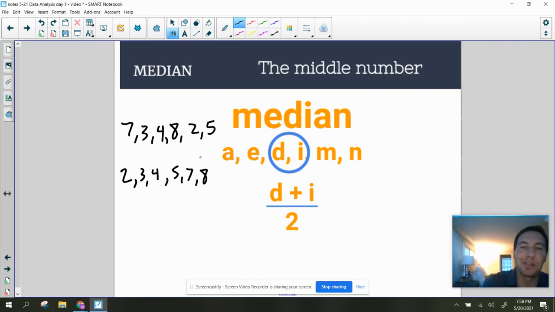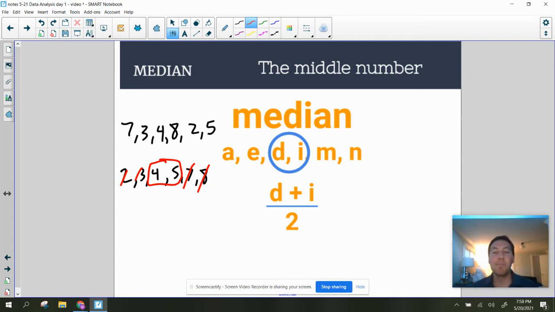Now I like to do a little cross-off method. Cross off those two, cross off those two. Sometimes you'll have a middle number, sometimes you'll have two middle numbers. If you have two middle numbers, you just take the average, the mean, which in this case is 4.5. And that's going to be the median.